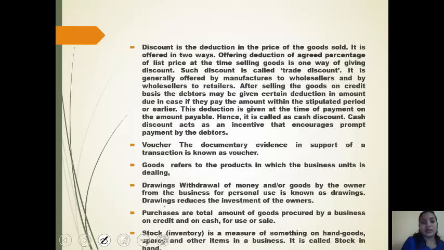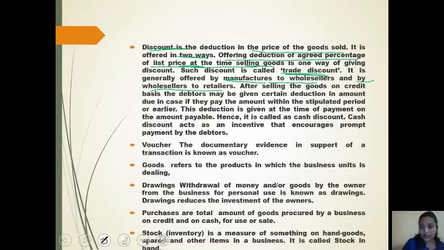Now, profit. The excess of revenue for a period over its related expenses for a particular accounting year is known as profit. Now, discount. Discount is a deduction in the price of the goods sold. It is offered in two ways. Offering a deduction of an agreed percentage of list price at the time of selling goods, and this is known as trade discount, and it is generally offered by the manufacturers to wholesalers and by wholesalers to retailers.